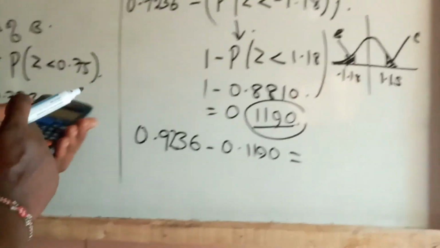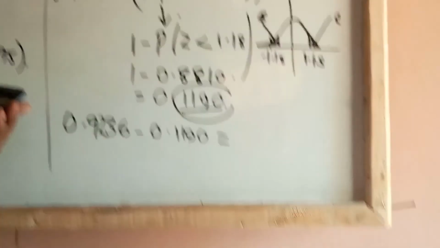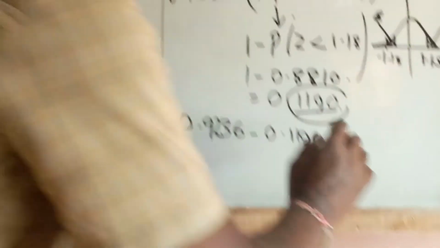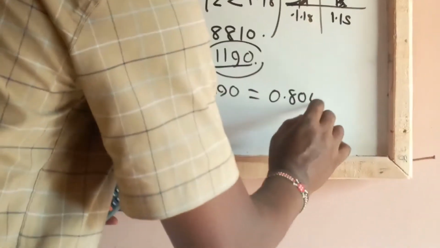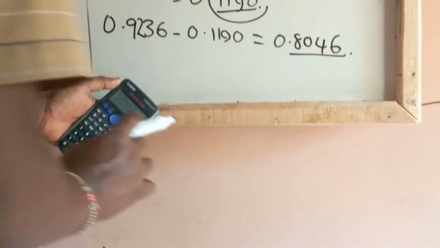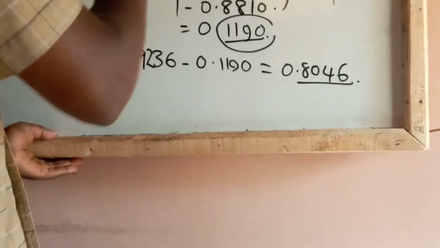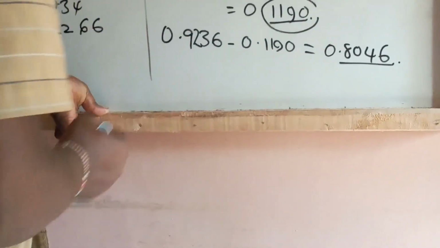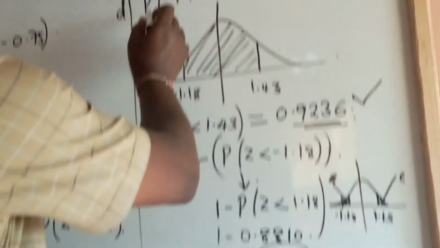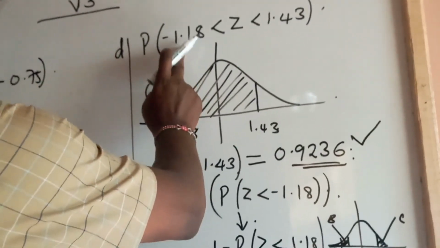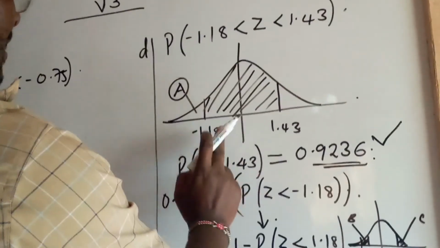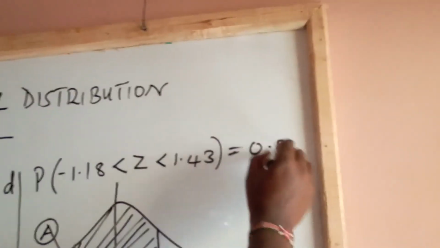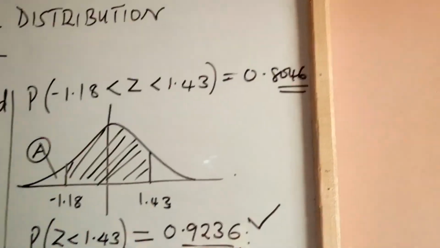This one is giving us 0.8046. Well, that is the final answer to part D, but it is important to note that it has not been realized easily. We had to understand a few things, that the area between this particular boundary to this boundary, as explained here, is eventually equal to that. So this is 0.8046. All right.